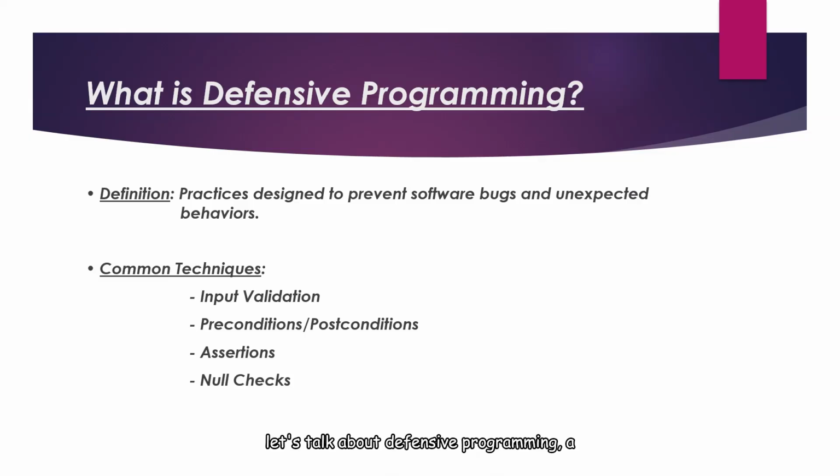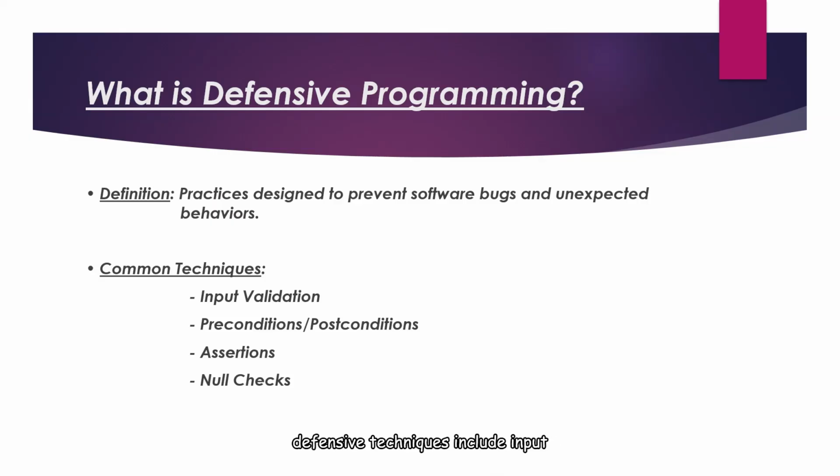Now let's talk about defensive programming, a philosophy that focuses on writing code that anticipates and handles potential errors before they occur. In a defensive programming mindset, you are not just writing code to do what it's supposed to, you are also thinking about what could go wrong. For example, you might check if the input values are valid before processing them, or ensure that any external dependencies like APIs are functioning properly.